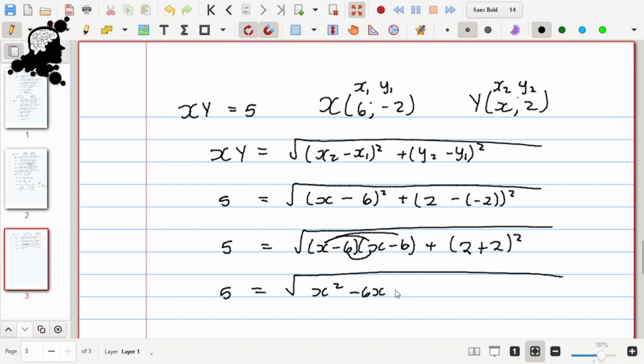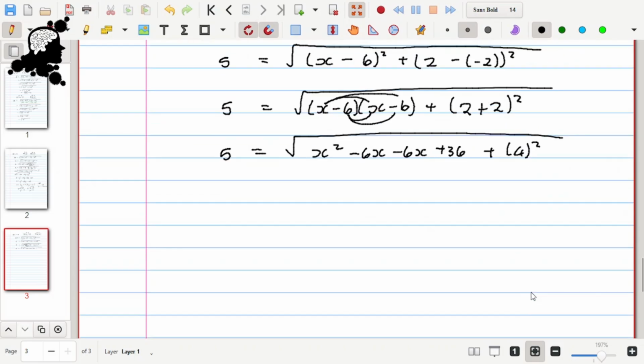Minus 6 times x is minus 6x. Minus 6 times minus 6 is positive 36. Then plus, this is 4 squared. So 5 is equal to the square root of x squared. We've got like terms, minus 6x minus 6x, that's minus 12x, plus 36. Then 4 squared, that will give us 16.